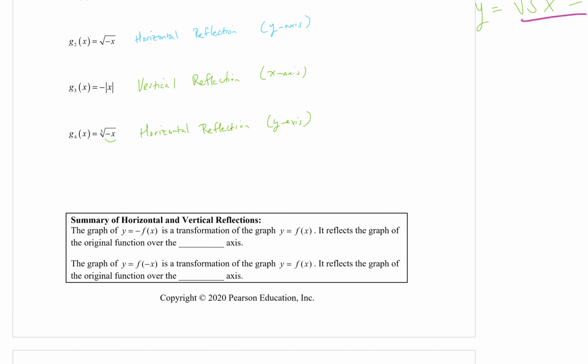Vertically means x-axis. This is a vertical reflection. If it's a negative inside where x is, that's going to reflect horizontally. That's a horizontal reflection, and horizontal reflections are over the y-axis.